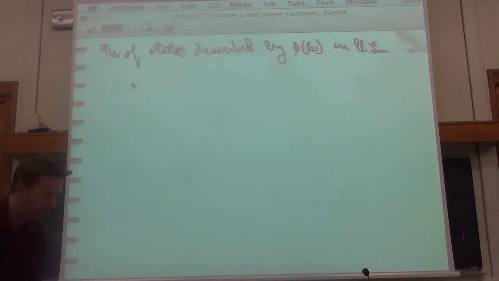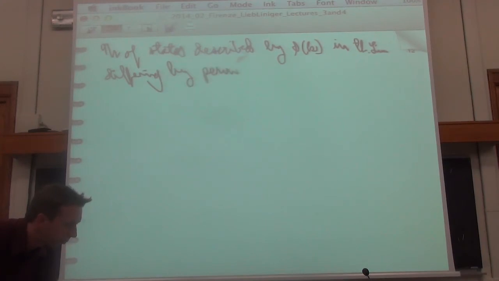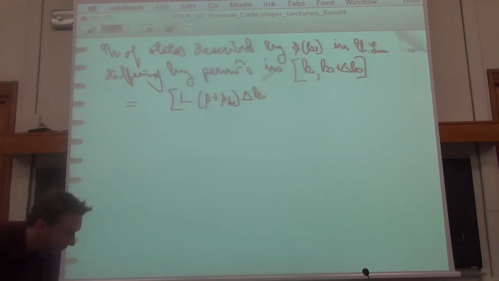So the total number of states that differ by permutations in k plus delta k is just equal to this ratio of (L rho plus rho hole delta k) factorial, divided by (L rho delta k) factorial and (L rho hole delta k) factorial.